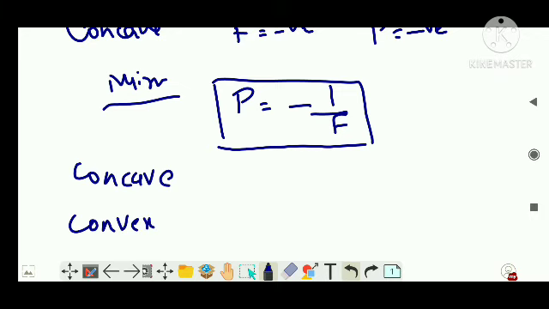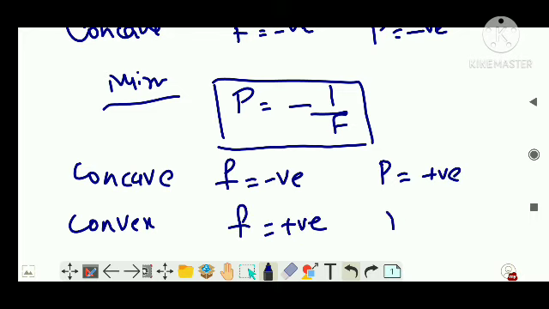For concave mirror we know focus is negative, so power will be the opposite of it, that is positive, and focus is positive in the case of convex mirror, then the power will be negative. This is also a point which you have to keep in mind. Okay, good to go. Right, now we'll go for the next section.